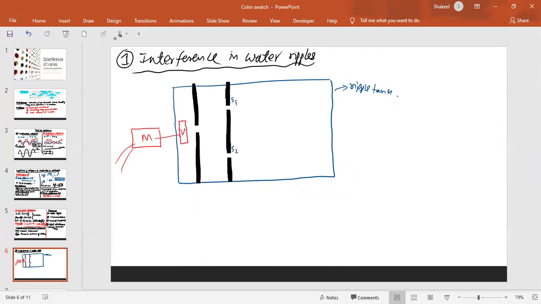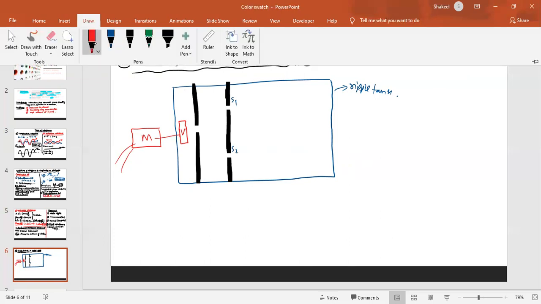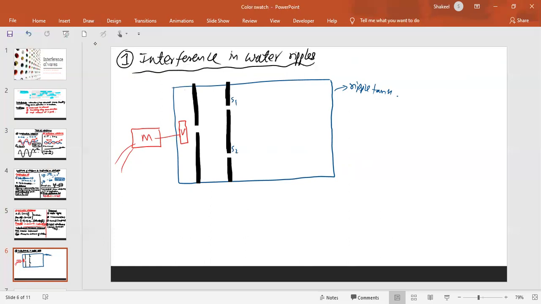So if the waves are originating from here, the water waves, after passing through this, of course, diffraction will happen and these waves will be hitting S1 and S2. From S1 and S2, the waves will again diffract. So S1 and S2 will be the two sources of coherent waves.